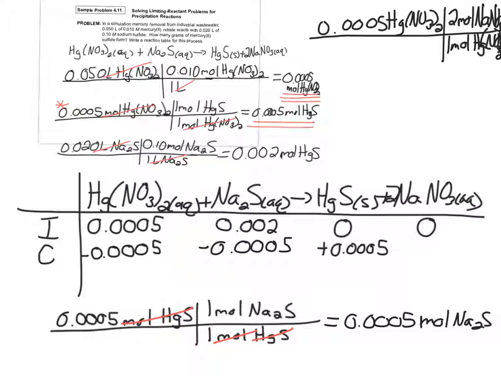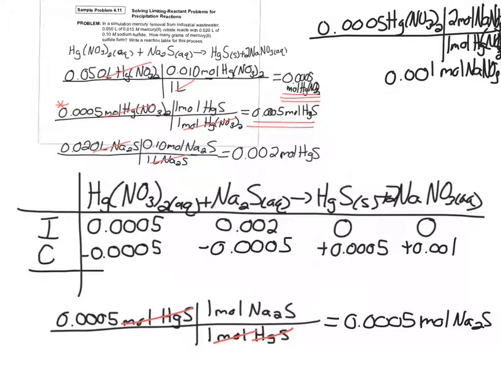So let's see, I've got 0.0005 times 2 is 0.001 moles of sodium nitrate, NO3. So plus 0.001 moles.